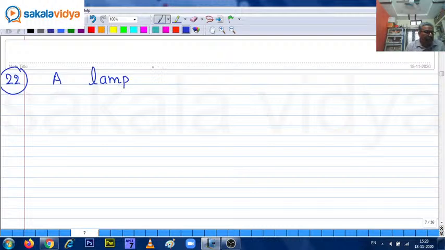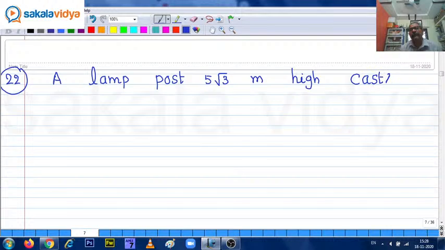The lamp post, I'll give 2 minutes time to you. 5√3 meters high, that means the height of the lamp post, casts a shadow five meters long on the ground.